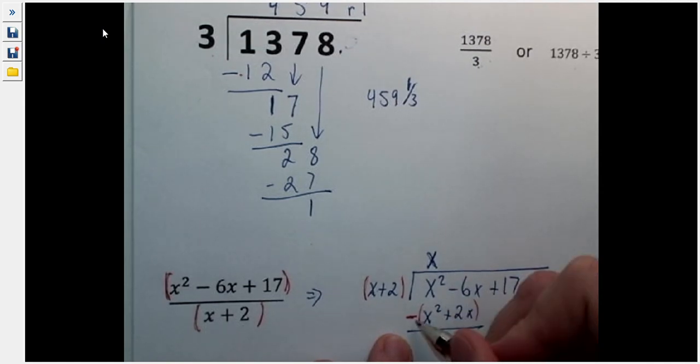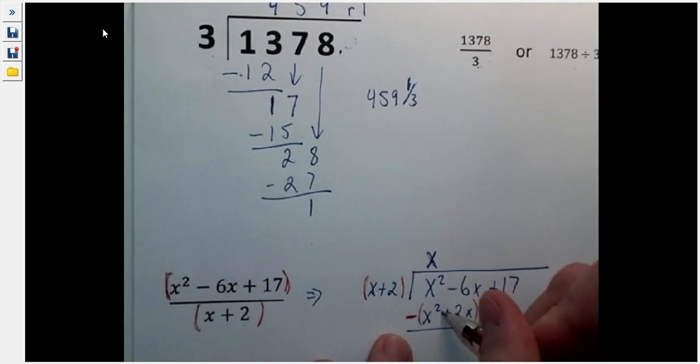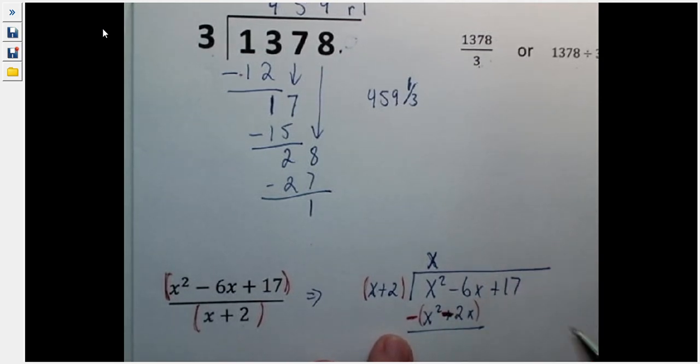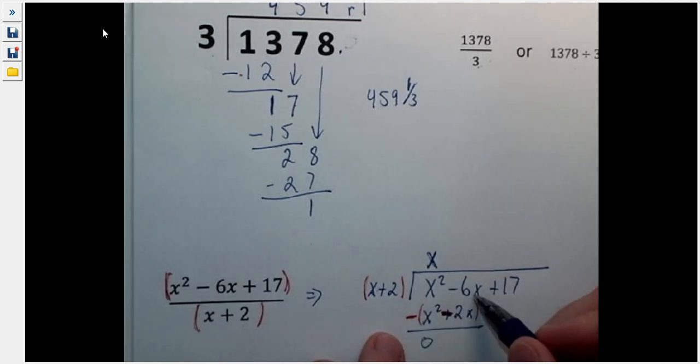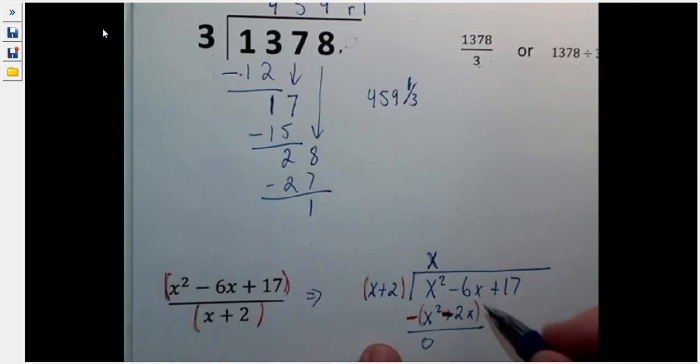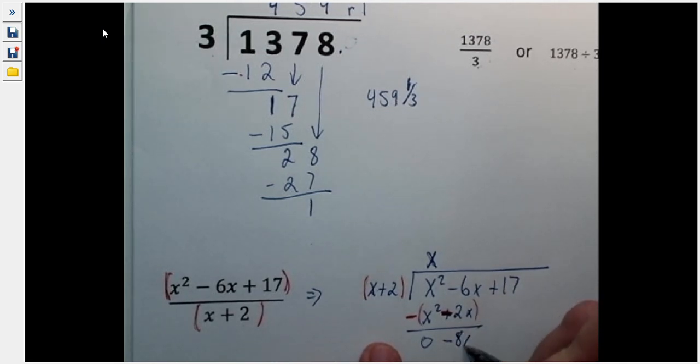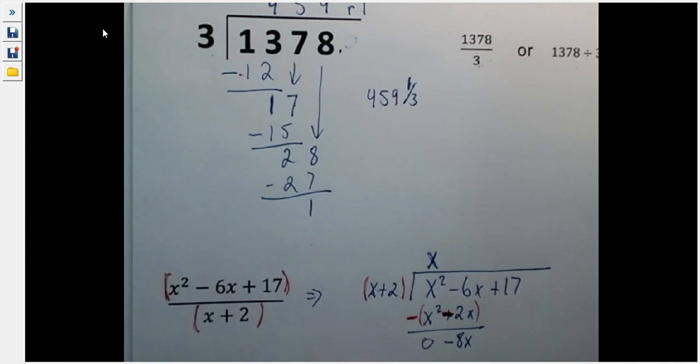So this one's going to be negative, and this one's going to make this one negative. Then you add x squared minus x squared, that's 0, and negative 6 minus 2 is negative 8x.